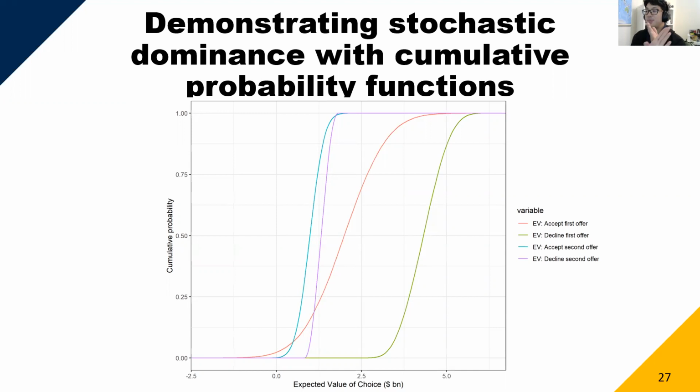So sometimes you may see these curves overtaking one another, in which case you don't have a clear example of stochastic dominance. And again, doing this is a nice way of demonstrating that one outcome is always going to be higher or lower than another outcome, even across the ranges of sampling that you do.